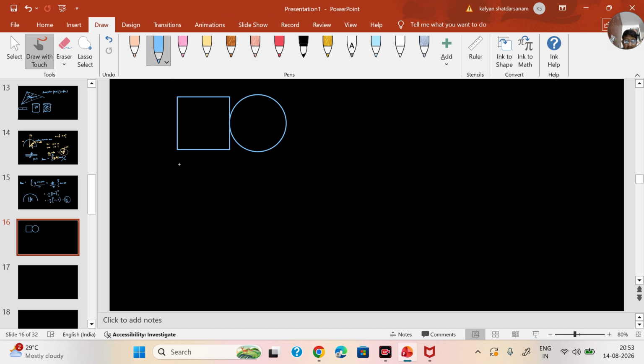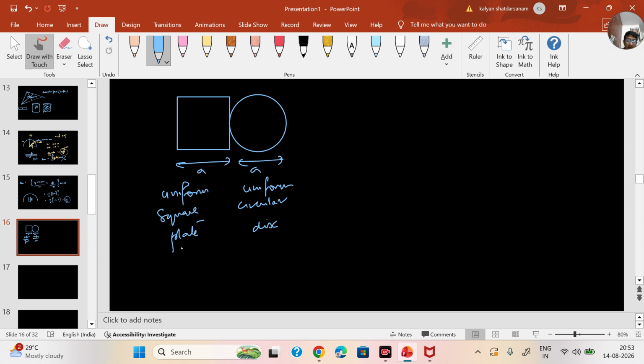So what I mean to say is this is A and this is also A. This is a uniform square plate and uniform circular disc. Both are uniform.